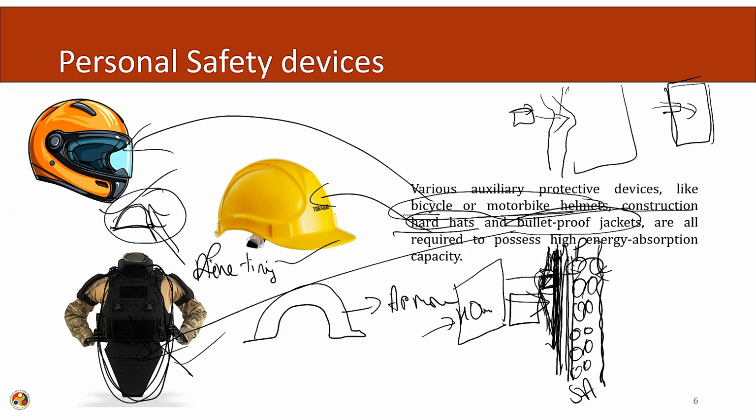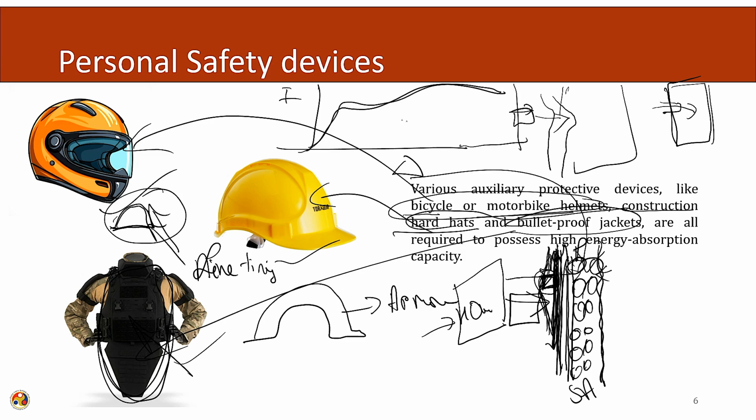The soft armor will have a large plateau, as we have seen earlier. Force versus deformation, if you see of a soft armor, it will have a large plateau. So, it will have a large area inside the force deformation curve, and this large area denotes the energy absorption capacity. Using this configuration and this material property, this soft armor is able to absorb the effect of the impact into the body.